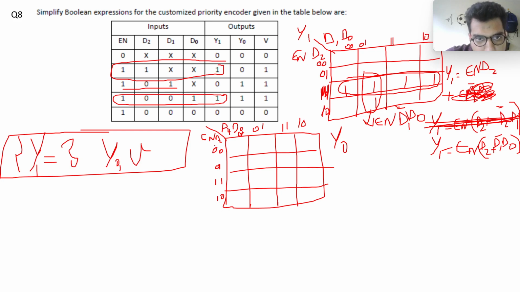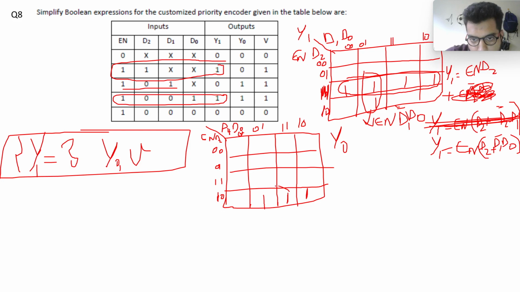So y0 is 1 when en and d2 are 1 0, and d1 is 1, and we don't care about d0, so this will be 1 for all the cases, whatever be the value of d0. So for 1 0 1 1 it is 1, and for 1 0 1 0 it is also 1. Now y0 is also 1 for this case, 1 0 0 0 1, so 1 0 0 0 1 is this case.